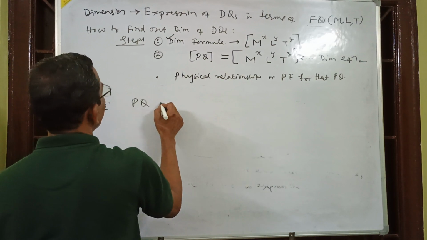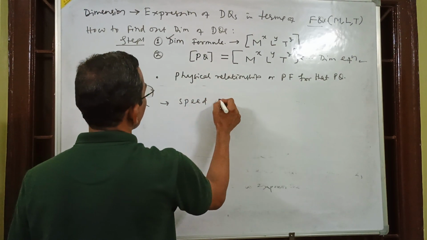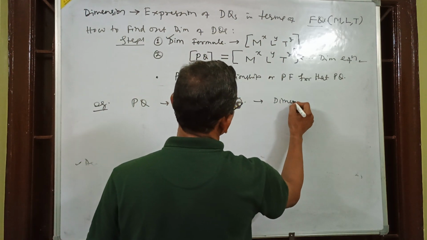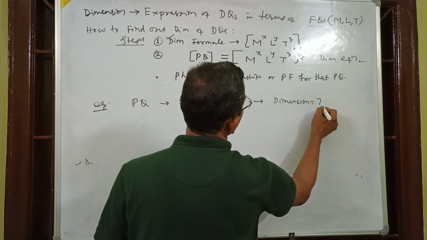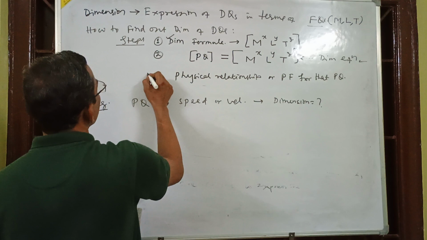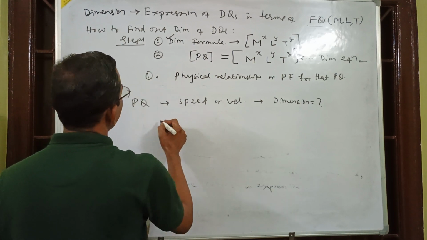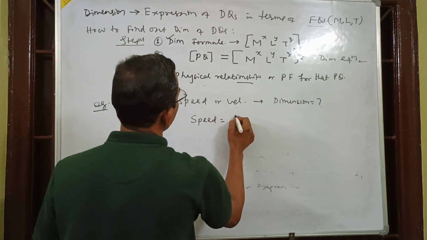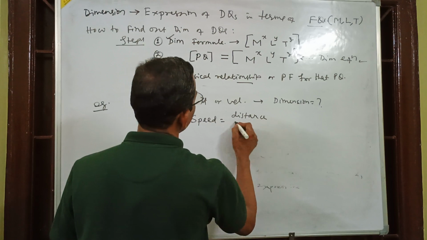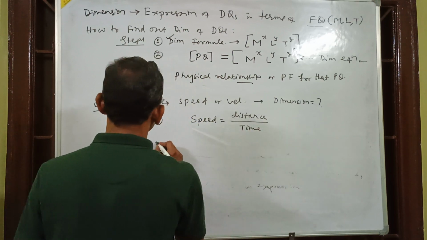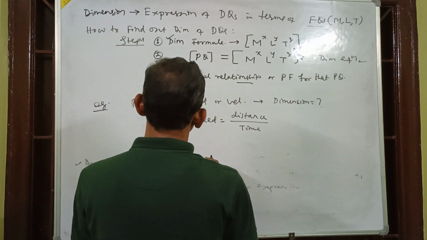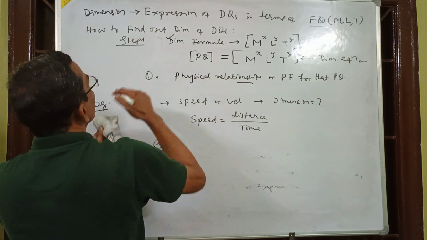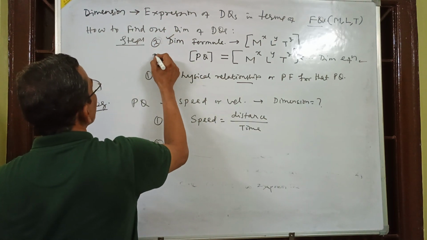For example, if the physical quantity is speed or velocity and we want to find its dimension, the first step is to find this physical relationship, that is speed is distance upon time. Next, we need to find the dimensional formula.